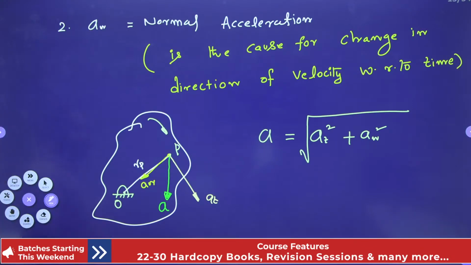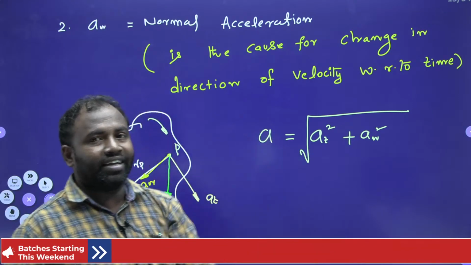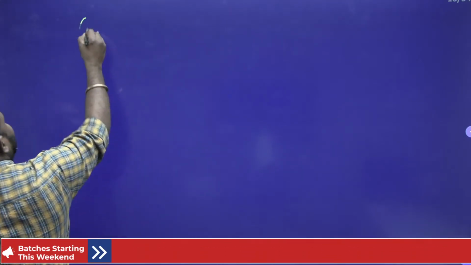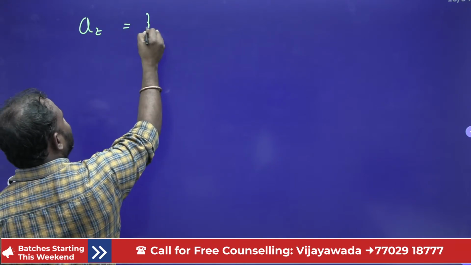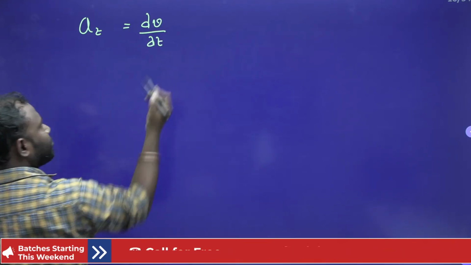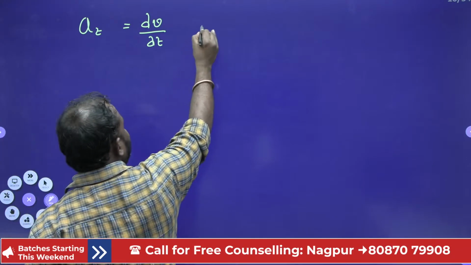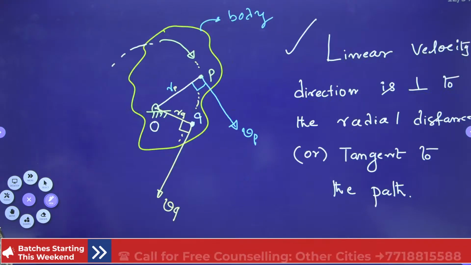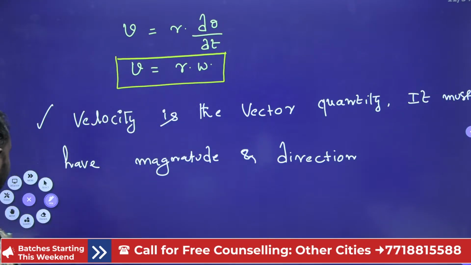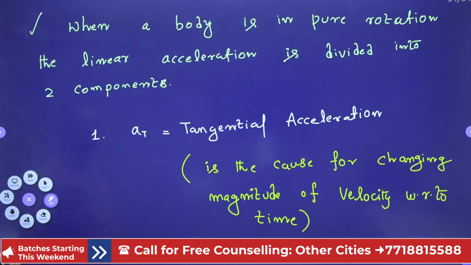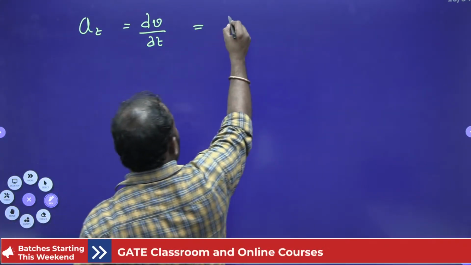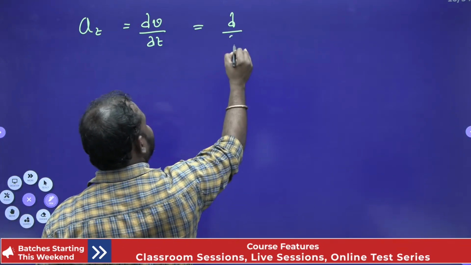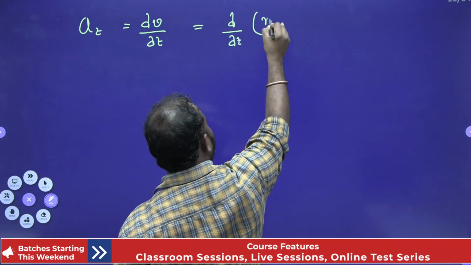Now let us find out how to find AT and AN. The acceleration component AT is equal to dv by dt. What is v? v is r into omega. Now d by dt of r into omega.